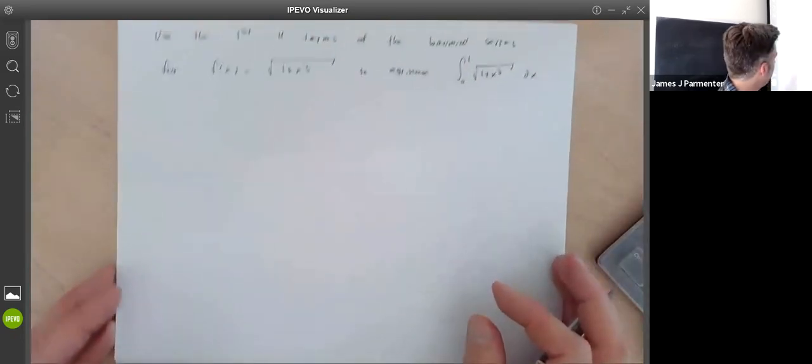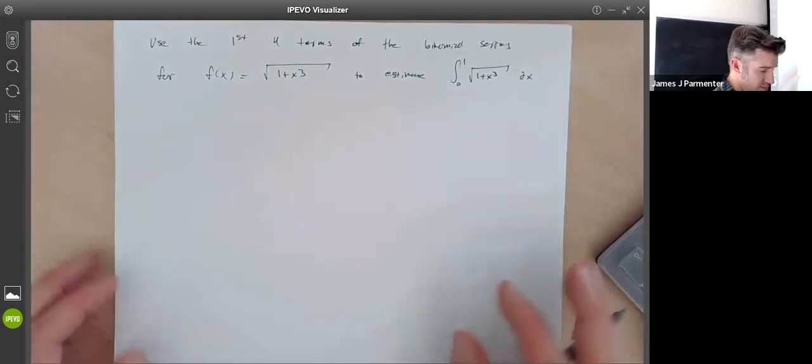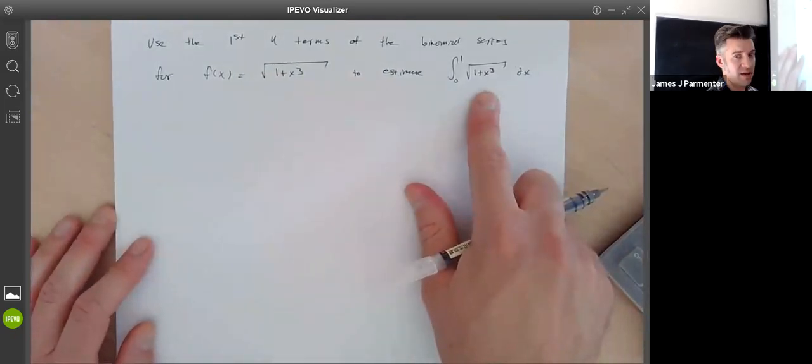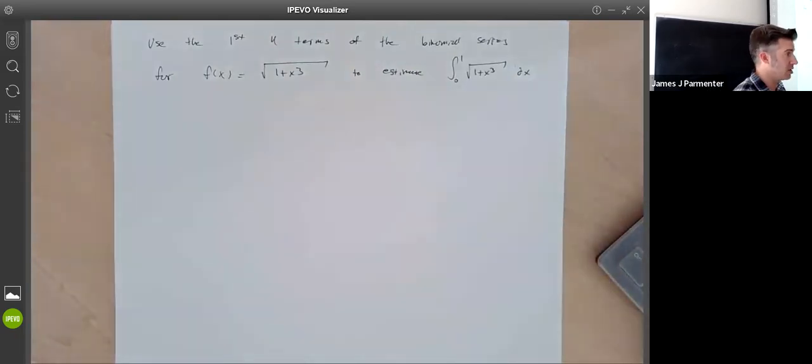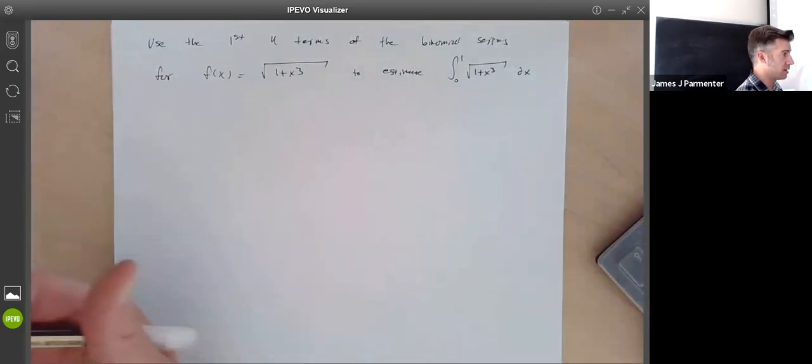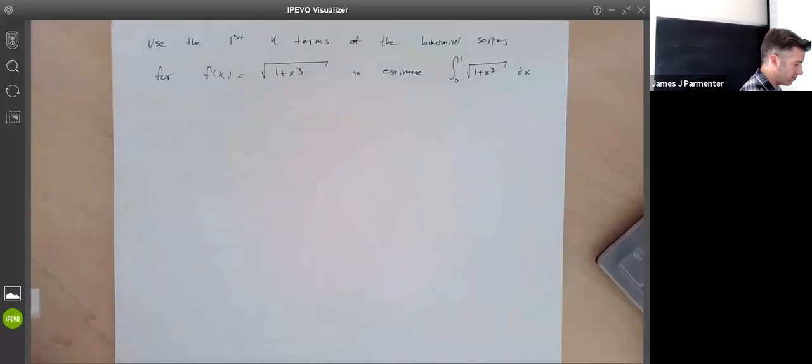Why would you maybe want to do that? Because that thing can't be integrated. So this is actually a plausible application of Maclaurin series. There are lots of functions that can't be anti-differentiated, but if we want to approximate the area under their curve, we can use their Taylor series or Maclaurin series to get a good estimate.